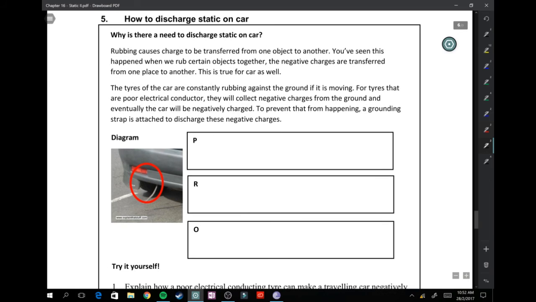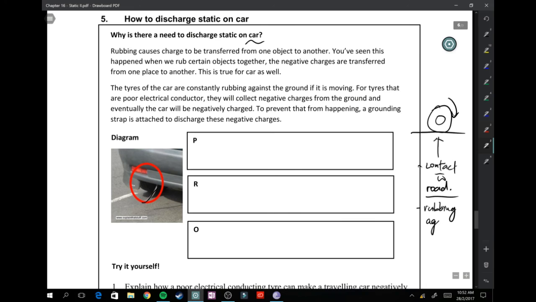Now, this is about discharging static on a car, and you realize that the tire here is in contact with the road. Now what happens is that for a wheel, as it continues turning, a few times there is contact with the road, and it is constantly rubbing against the road.